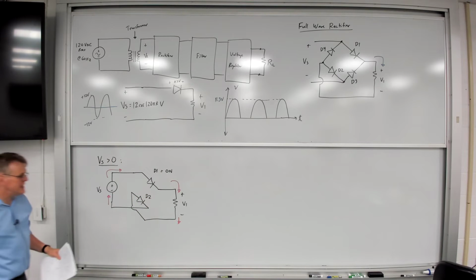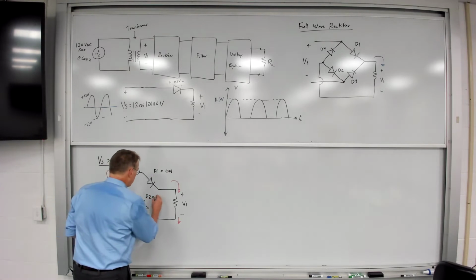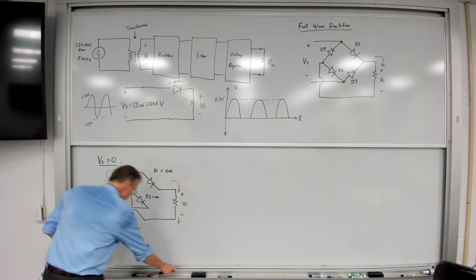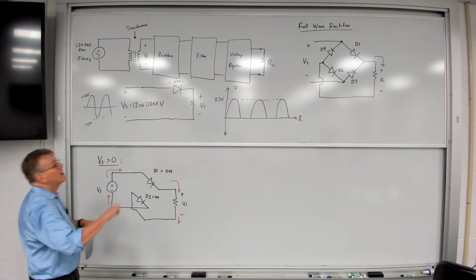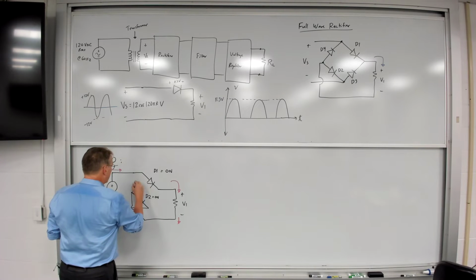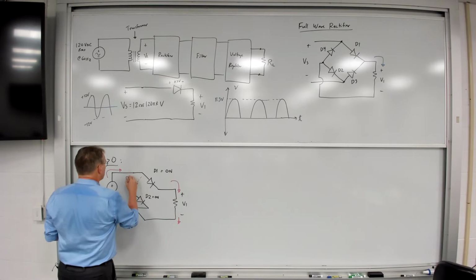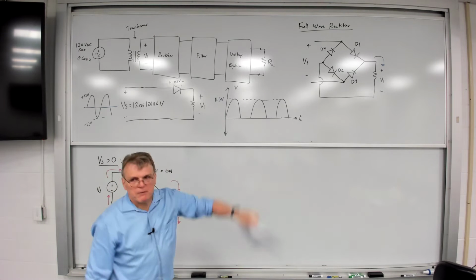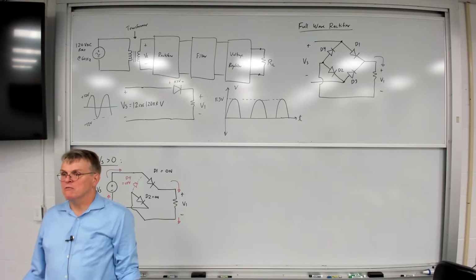So in this case, D2 is on. It can't travel through D4. D4 is off. Nor can it travel through D3. D3 would have to flow through the cathode. D3 is also off.